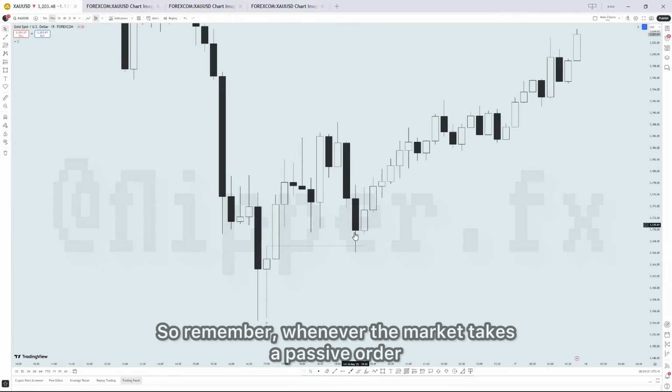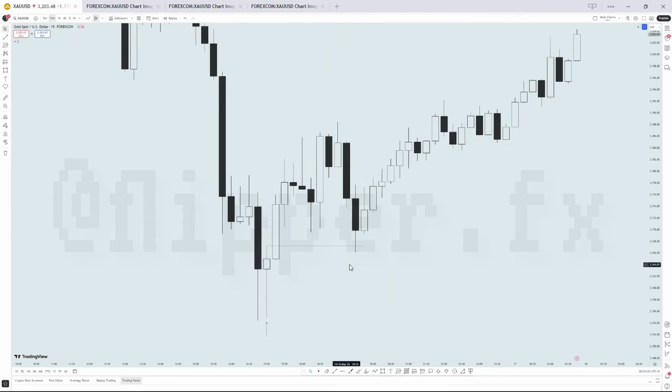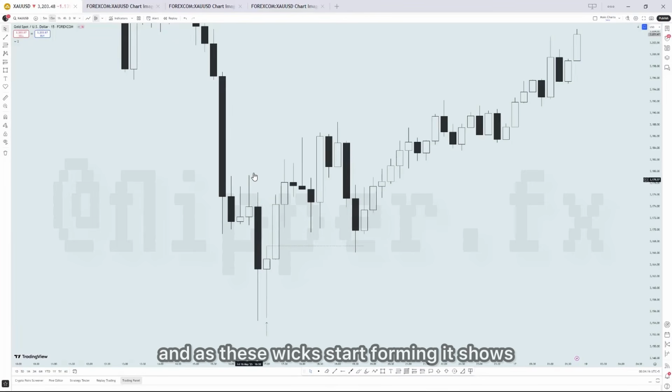So remember, whenever the market takes a passive order, it doesn't stay there. In these areas, you will notice wicks, and in the direction where the orders are injected, wicks appear. Like here, there's a pullback, and as these wicks start forming, it shows that sell orders are being injected.